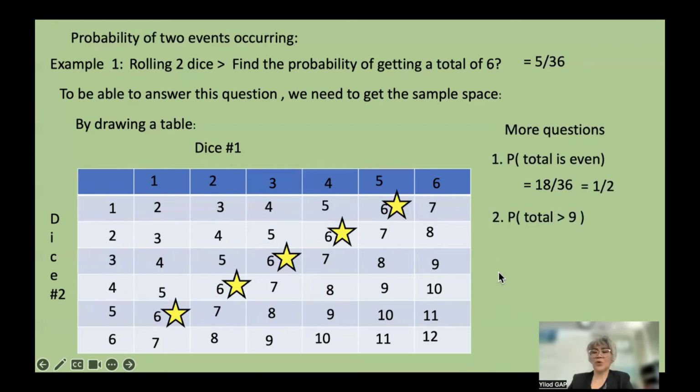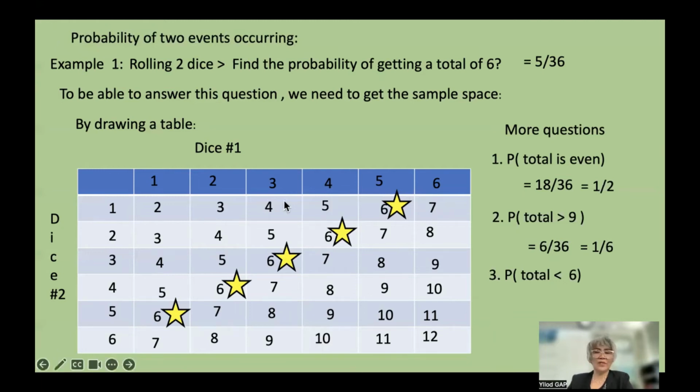Another one, you have total is greater than 9. So greater than 9 are these numbers, 10, 10, 10, 11, 11, and 12. And there are 6 of them. So we have 6 over 36, or 1 over 6. Next one, we have a total that is less than 6.